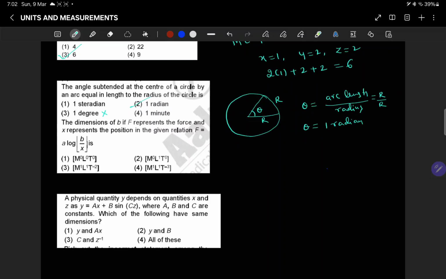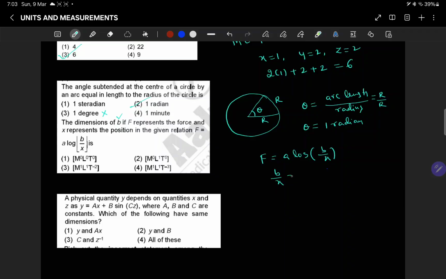Next one, students, dimensions of force. Force is given as F equals A log B by X. Please remember the principle of homogeneity: trigonometric functions, exponential functions, logarithmic functions have no dimensional formula. Now the question asks what are the dimensions of B, students? So log B by X, this logarithm is a function, so no dimensional formula.